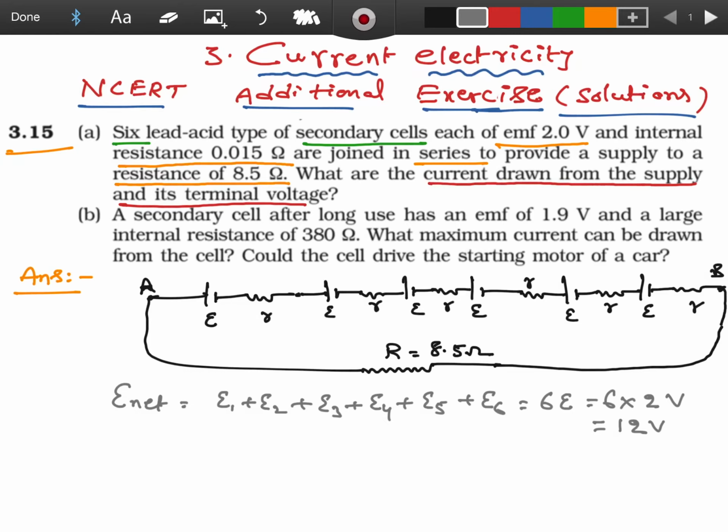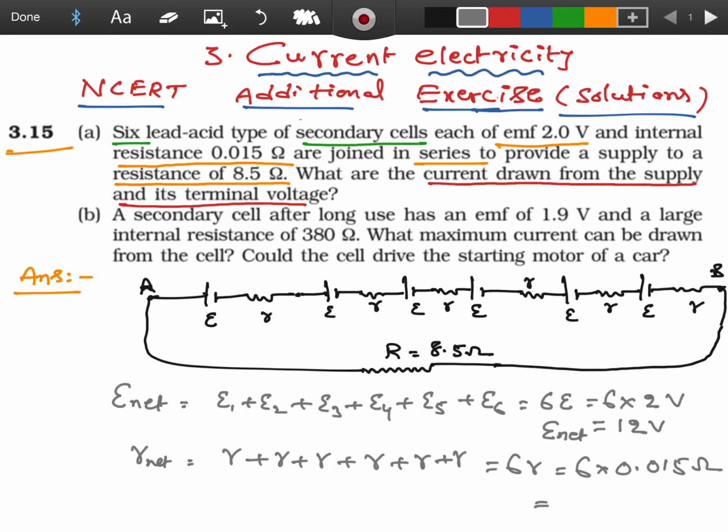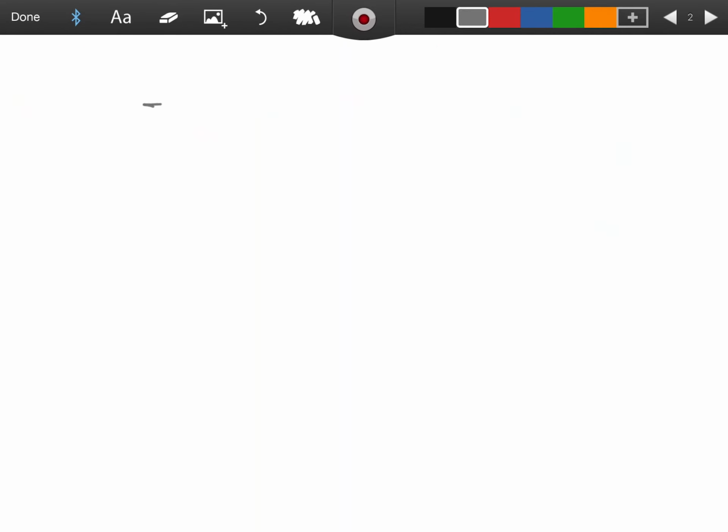Net EMF is 12 volt, and the net internal resistance is 6 times R. Each internal resistance is 0.015 ohm, so 6 into 0.015 is 0.09 ohm.